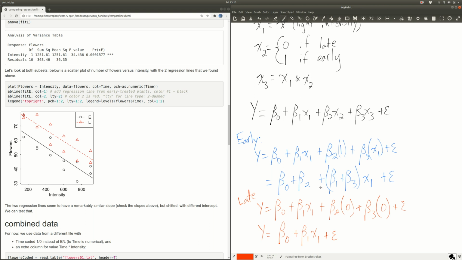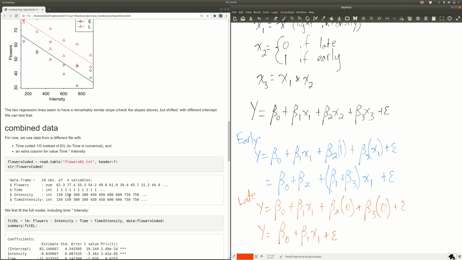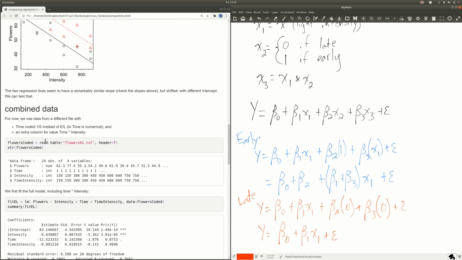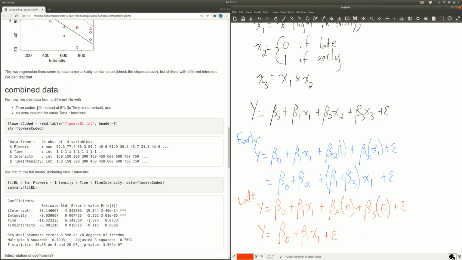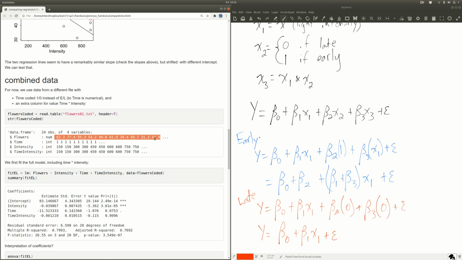Let's take a look at what these are. So in R here, we've recoded things. So early is 1 and late is 0. And we add an extra column for time times intensity. That's this x3 here. So we have the number of flowers, our response. We have time, which is either early or late.